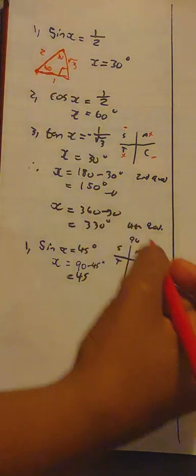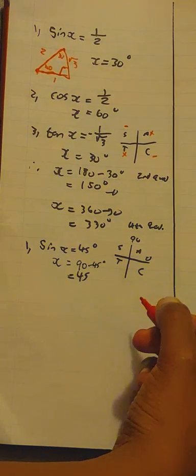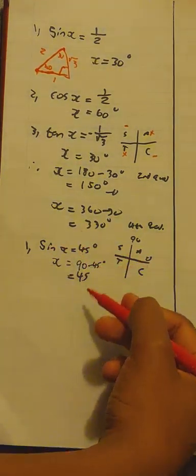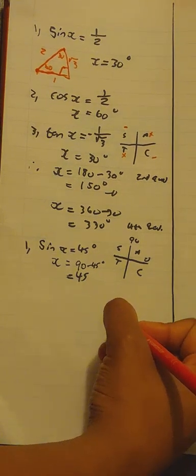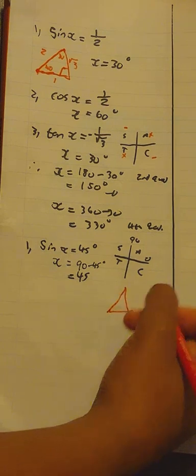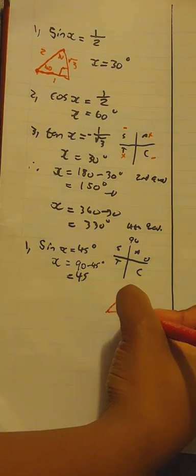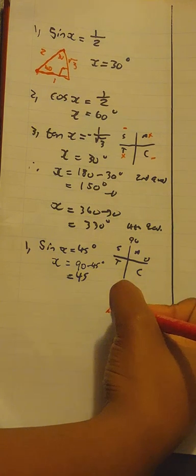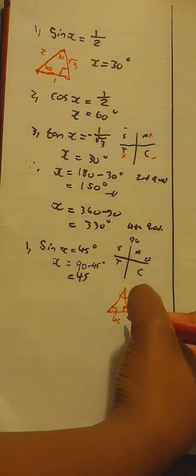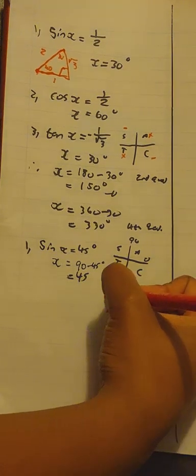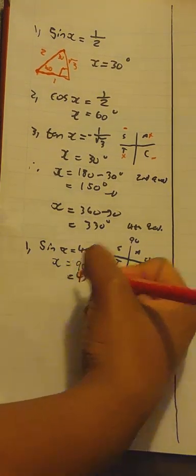This is because they're going to say without using the calculator. With the calculator, it's easy. You just take this to this and you get the answer. But I just wanted us to know this first. Okay, 90, 45. This angle is 45 and this angle is 45. Here it's 1, here it's 1, and here it's square root of 2.